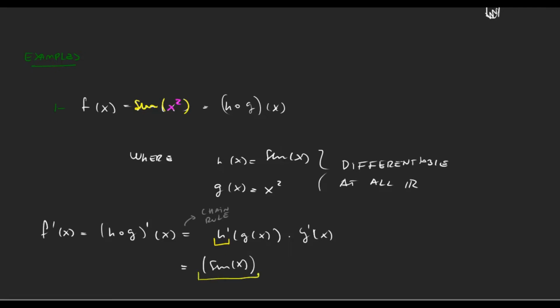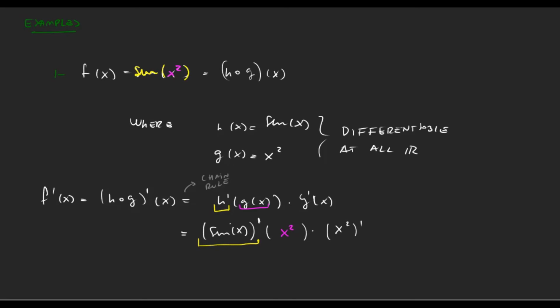So we have to first differentiate the sine of x and evaluate it at g of x. But then we know what g of x is. G of x, we said that was x squared. And then we have to multiply it by the derivative of g of x.